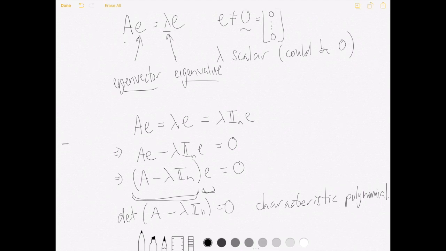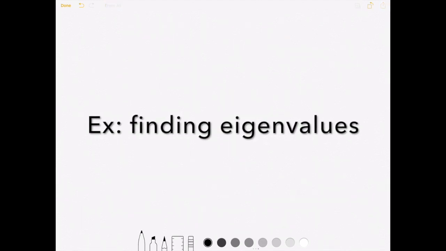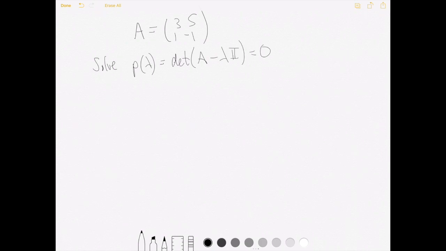Right, so let's look at an example. If we want to find the eigenvalues of this matrix here, 3, 5, 1, minus 1, then we need to solve what we call the characteristic polynomial. P of lambda equals the determinant of A minus lambda I equals 0. Right, so what is this determinant?